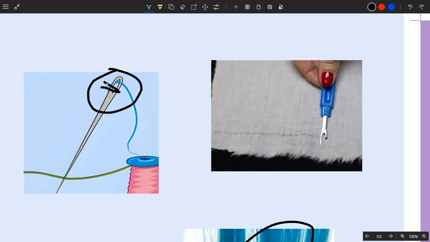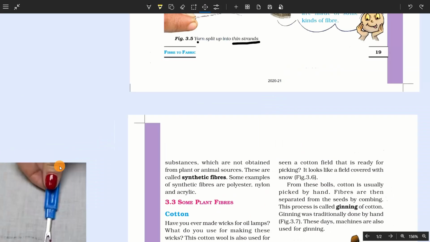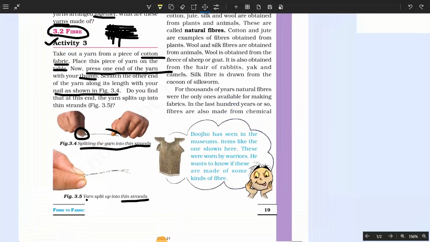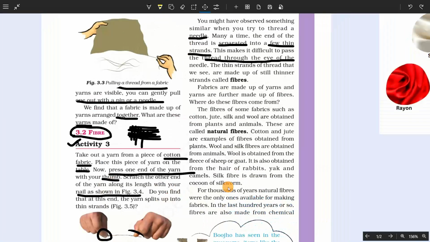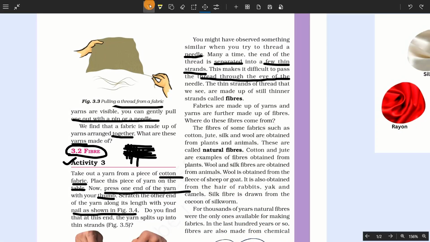It is very difficult to put into this needle. This is the needle we use for stitching. Here what they are saying is that it is sometimes difficult to thread through the eye of the needle.